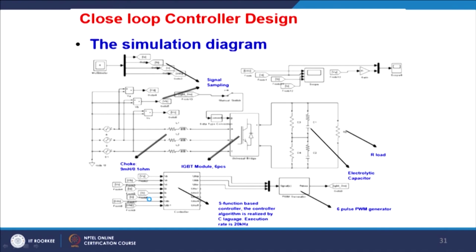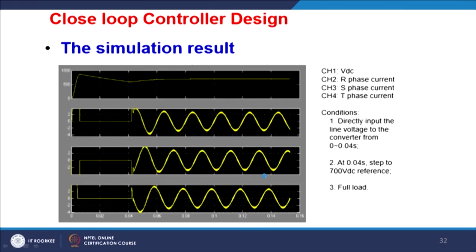You can use the controller and the choke, this is the capacitor, and you can have a switching logic based on the S function block, or any other way you prefer. This is the DC bus voltage and these are the currents; once it starts it spikes, thereafter it stabilizes.